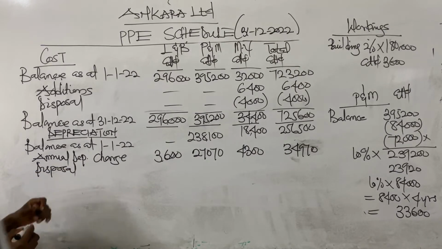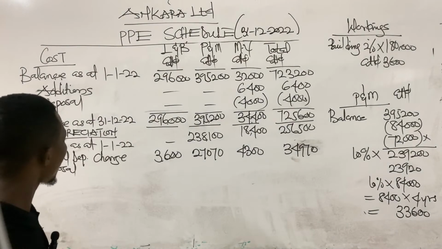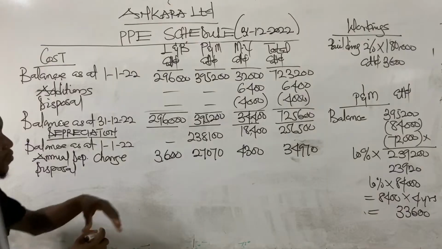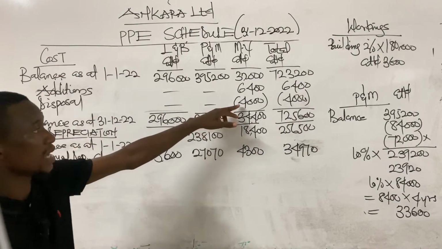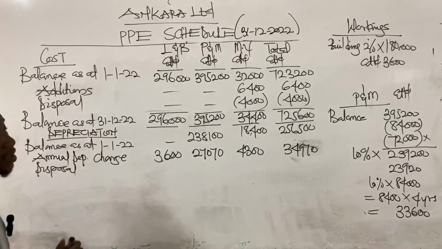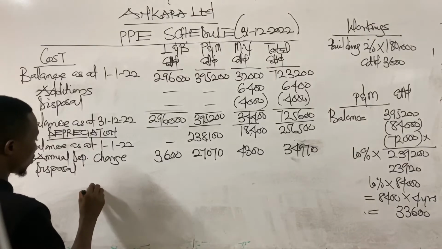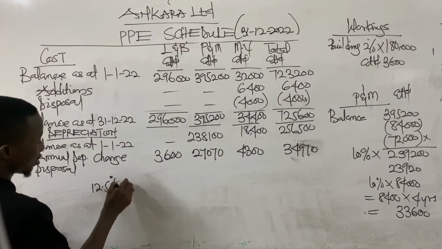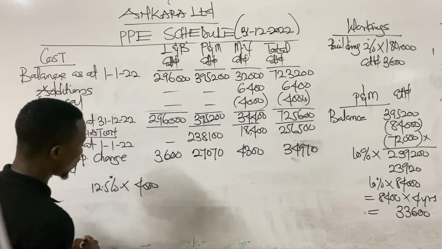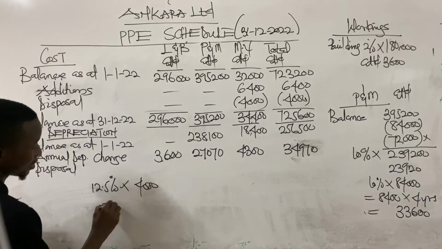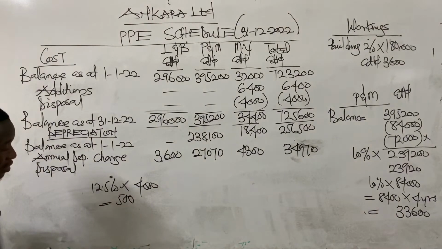That is the accumulated depreciation of the disposed assets. Is that okay? So we dispose of motor vehicle, disposal 4,000, and for motor vehicle the rate is 12.5%. So 12.5% on the disposed asset, 4,000, and this gives us 500 Ghana cedis.